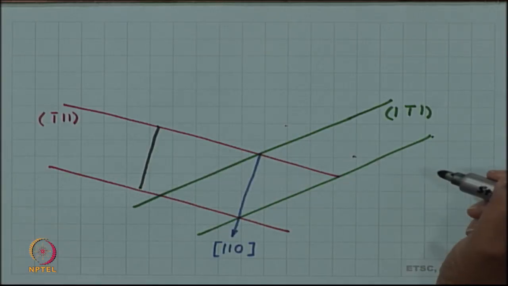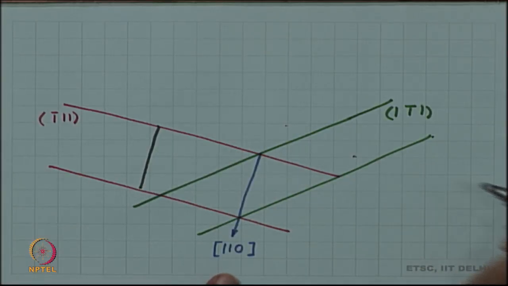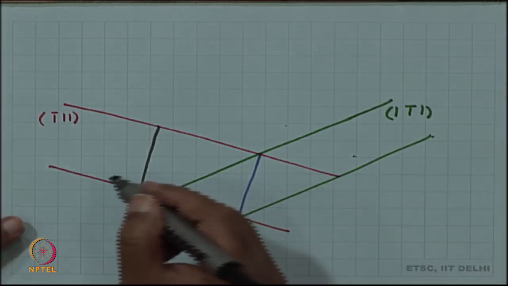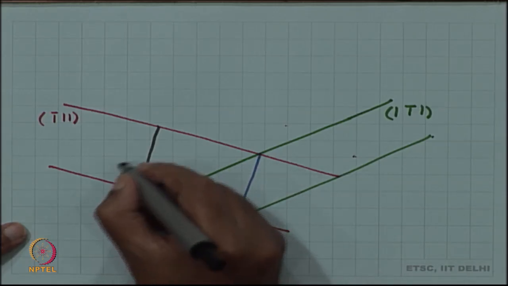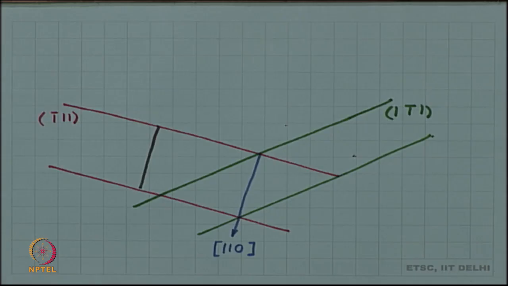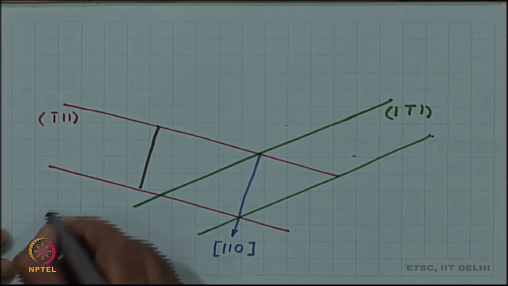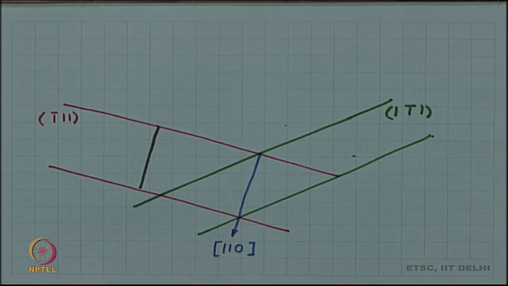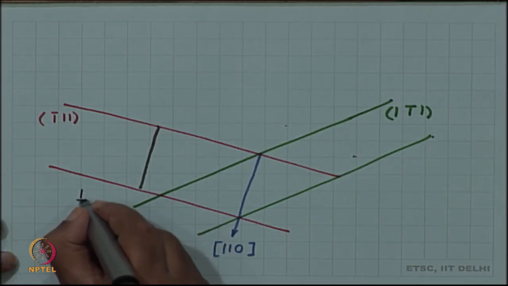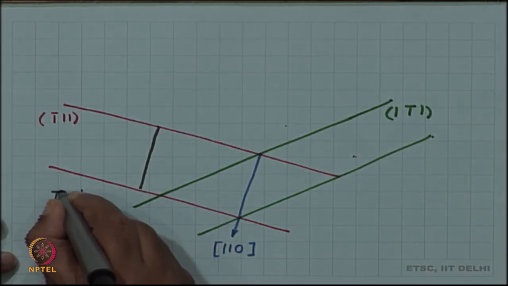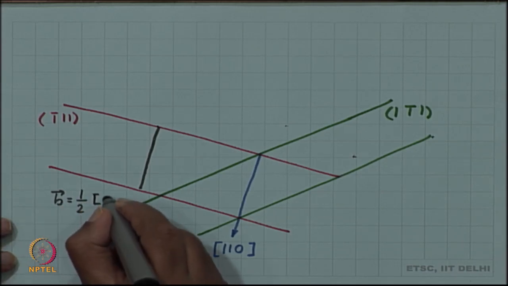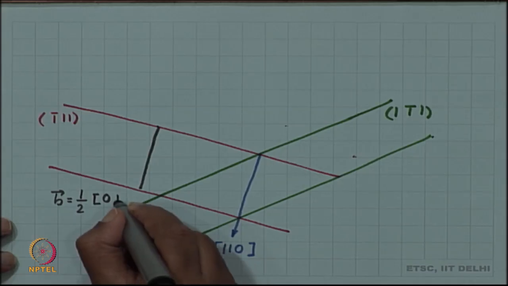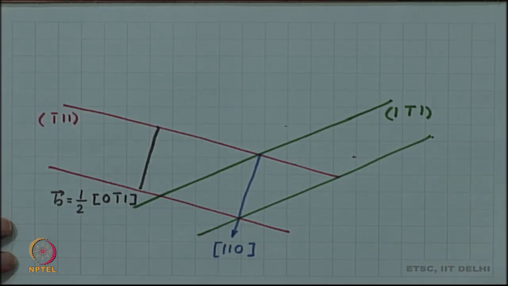So, the dislocation line, the t vector, is along 1 1 0, and let me give a Burgers vector to this dislocation line as half 0 bar 1 1.